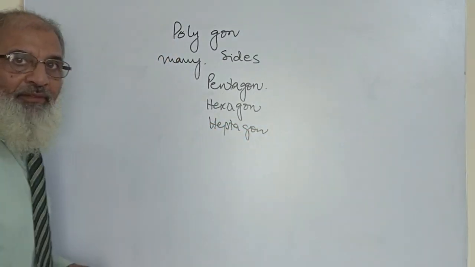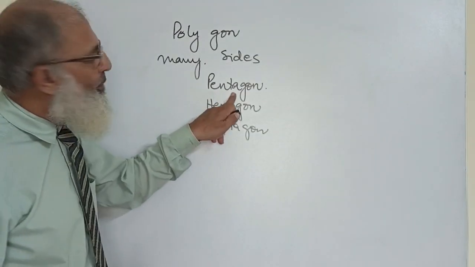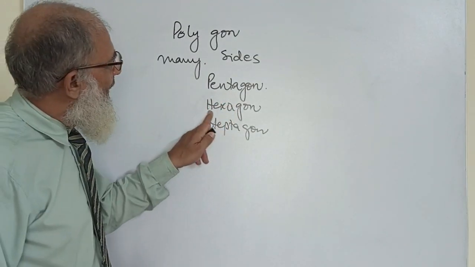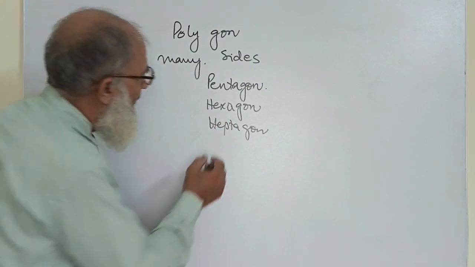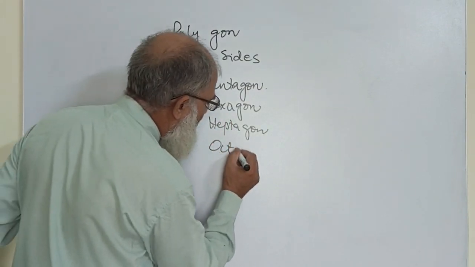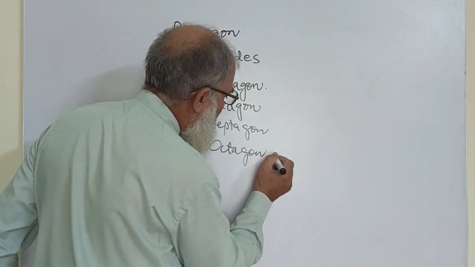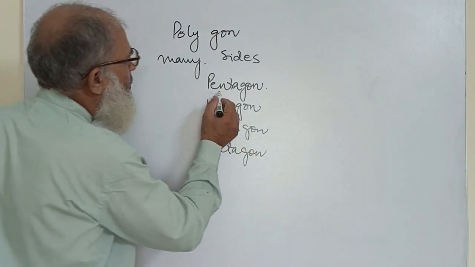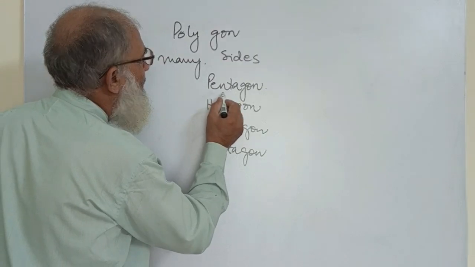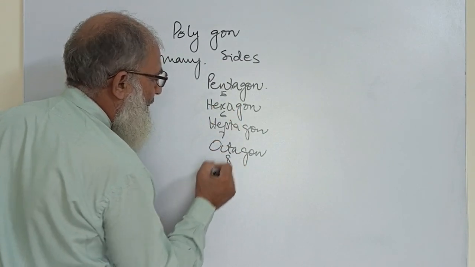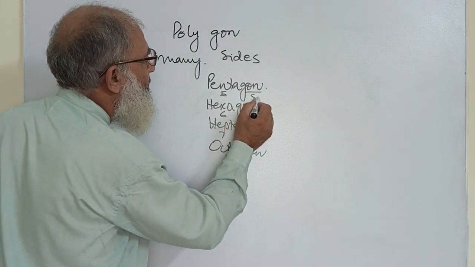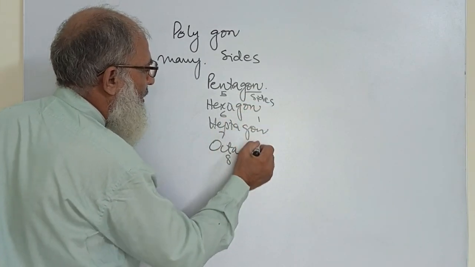Now, you might have noticed that penta means 5, hexa means 6, hepta means 7, and similarly octa, octagon means 8. Now this is 5, 6, 7, 8, and these are sides. Sides in all cases.